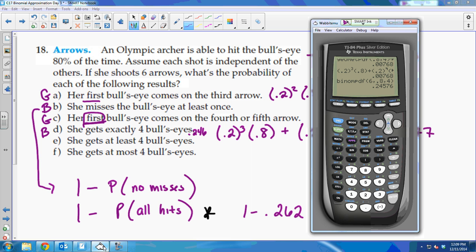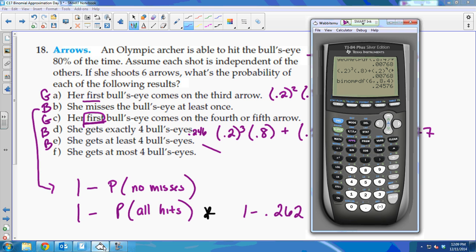Questions on D? On E, she gets at least 4 bullseyes. That's binomial. Okay, so there's 2 ways you can do this one. She gets at least 4. That means she gets 4, 5, or 6, right? So you can do PDF and do 4, and then 5, and then 6, and add them all together.